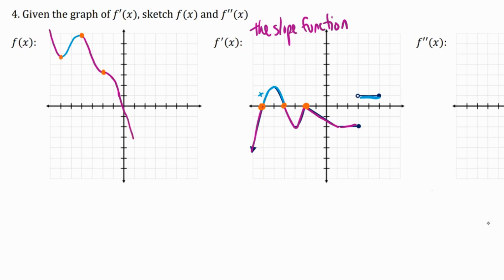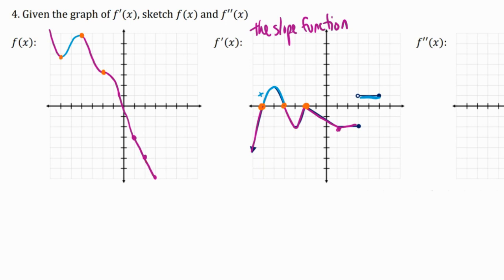But what I wanted to point out is that because the slope is exactly negative 2 and is constant, f is going to turn into a line. So here we've got a bunch of curves, but then from 1 until 3, we have a slope that's exactly negative 2.